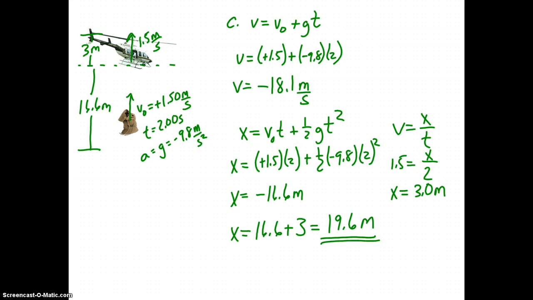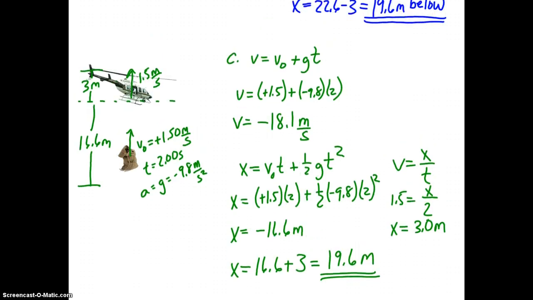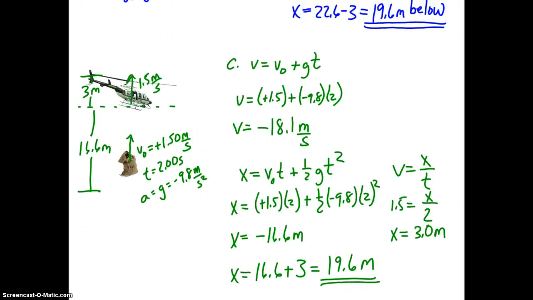And what's really cool about this, gotta love physics, is the answer to the first part where the helicopter was descending and the answer to the second part where the helicopter was ascending are identical with regards to the position.